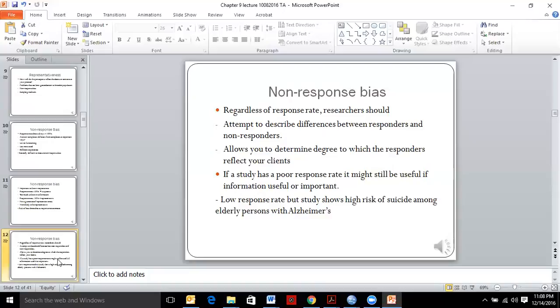And also allows the researcher to determine the degree to which the responders reflect their clients.